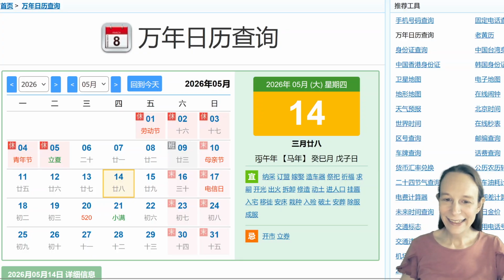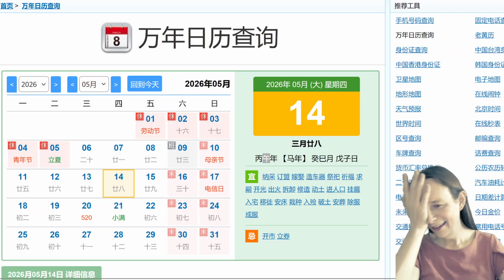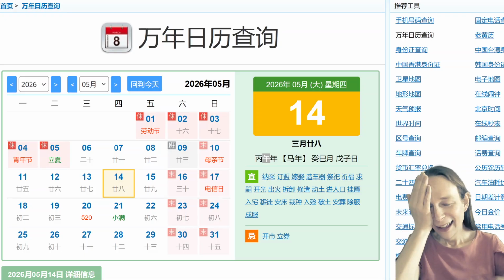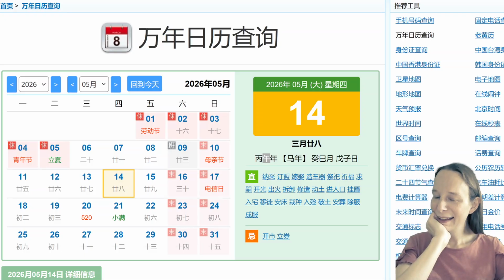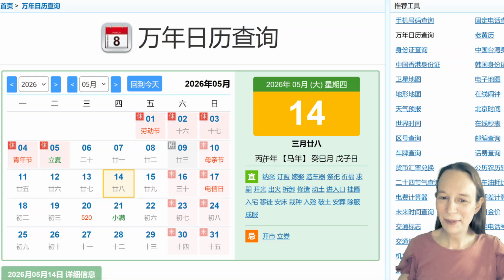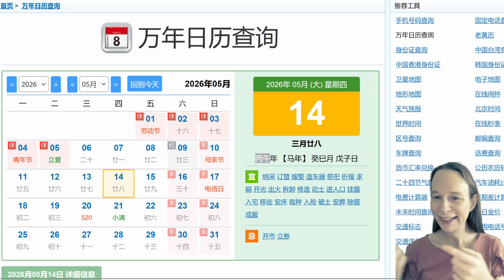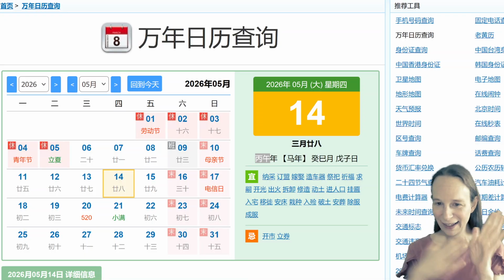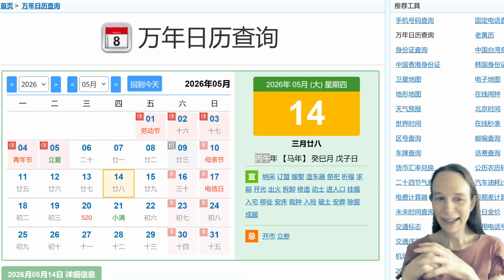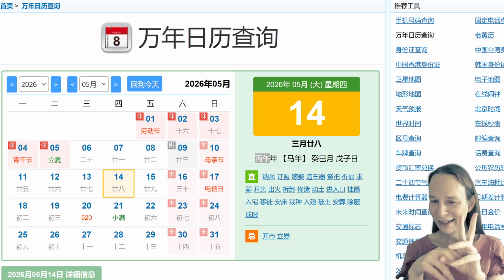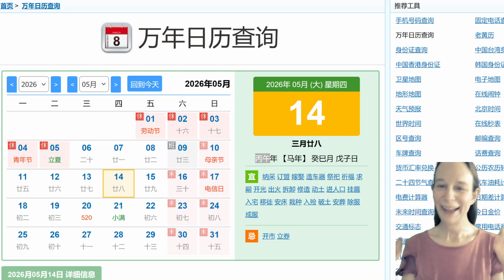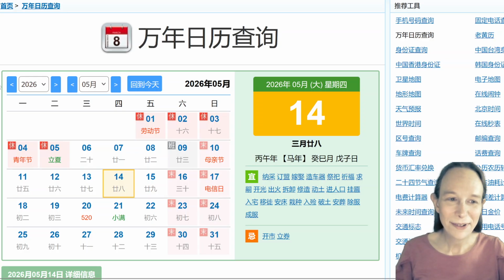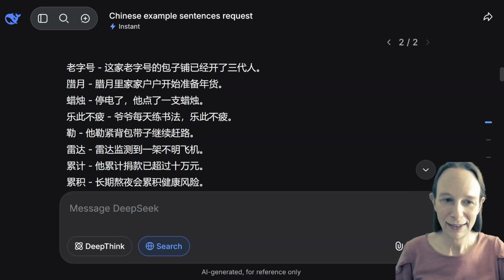This is the 甲乙丙丁 kind of thing. It's a bit complicated, but it's just an alternative counting system used in calendars that cycles every 60. I don't want to go into that. Let's move on.